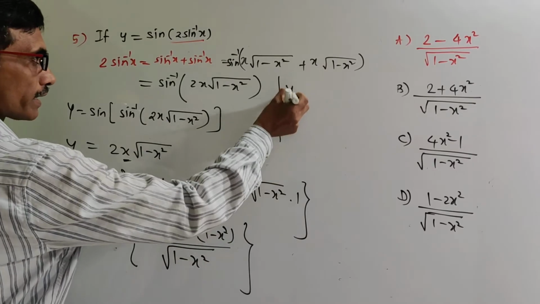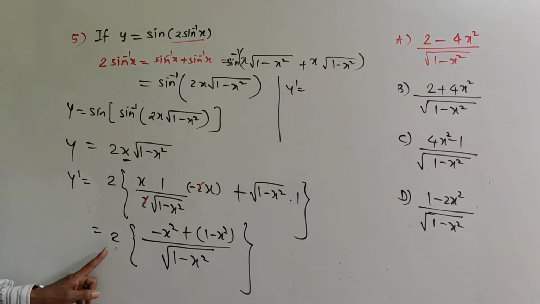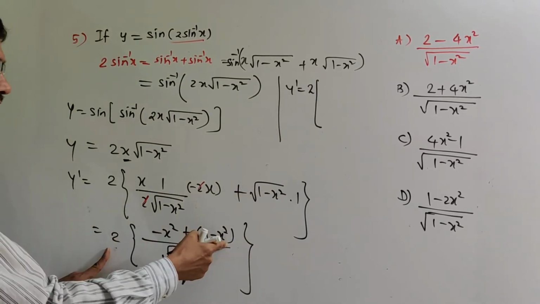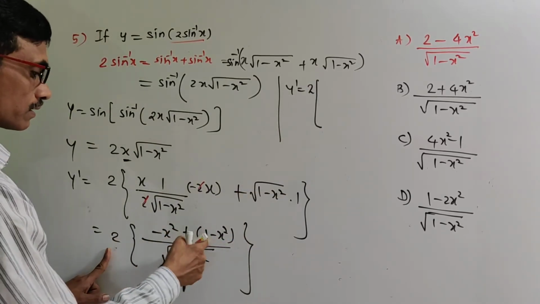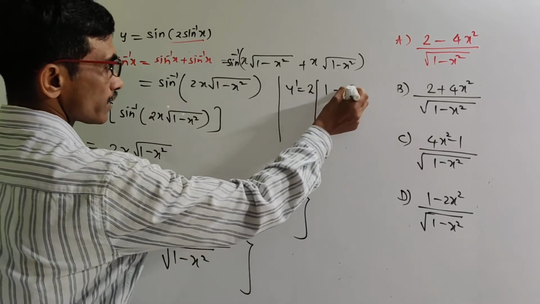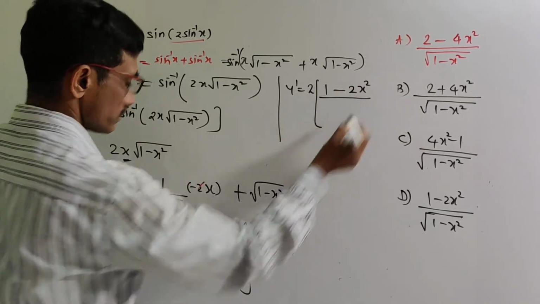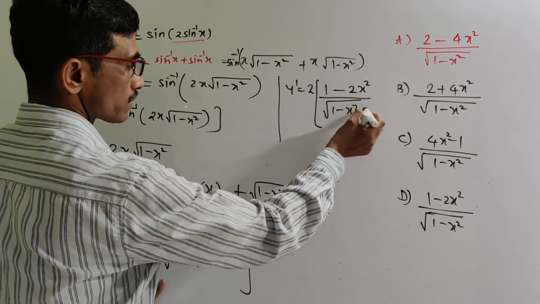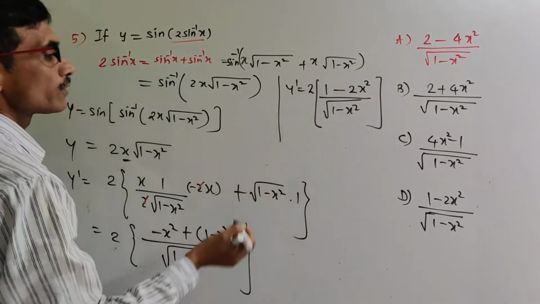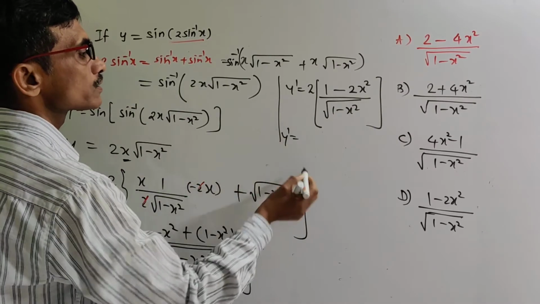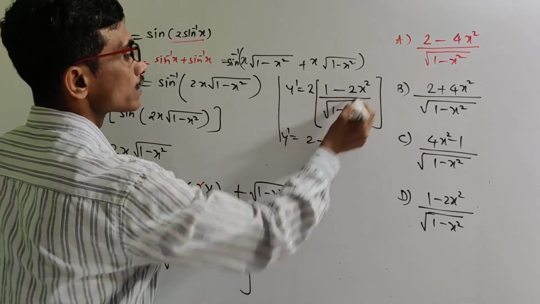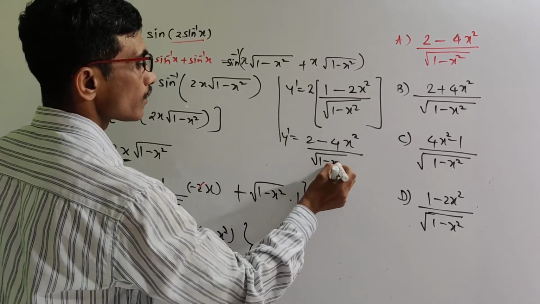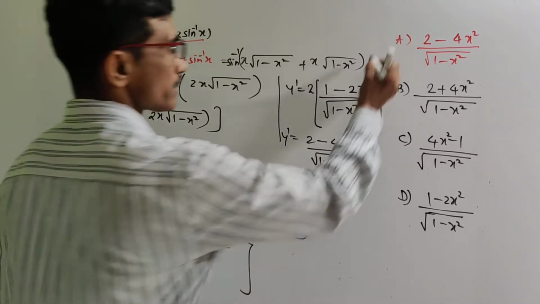So y dash will be equal to 2 times 1 minus 2x square upon root of 1 minus x square. This 2 is multiplied over here. Y dash is equal to 2 minus 4x square upon root of 1 minus x square. The option A is correct.